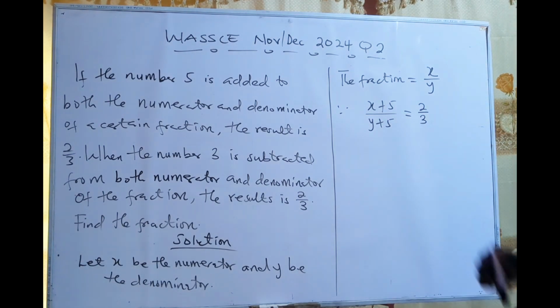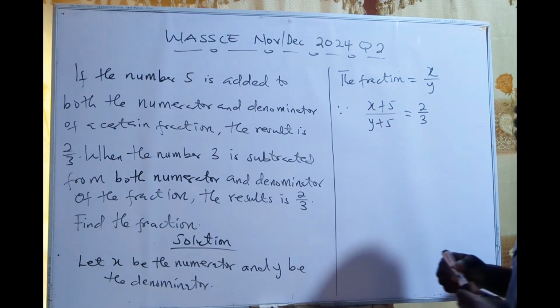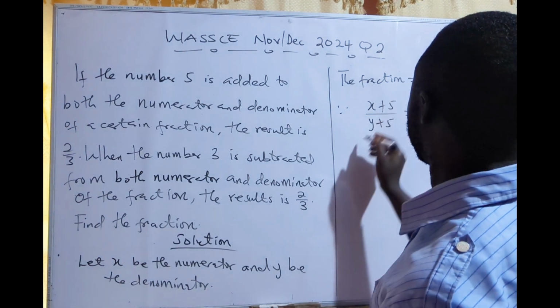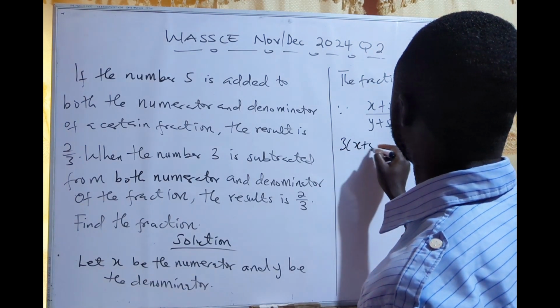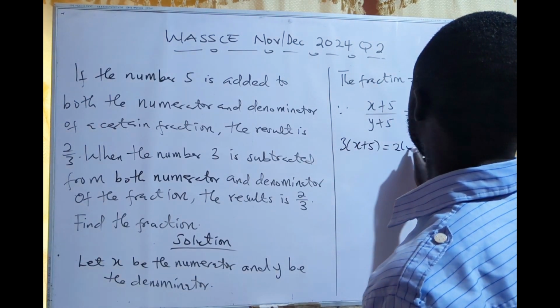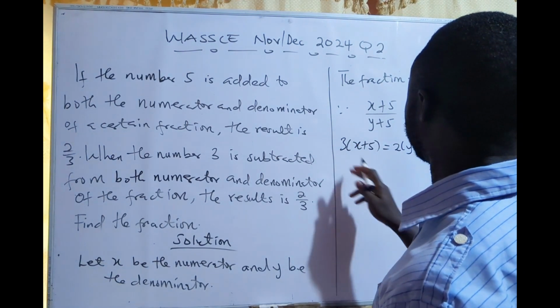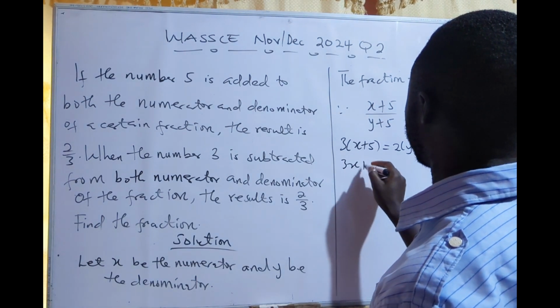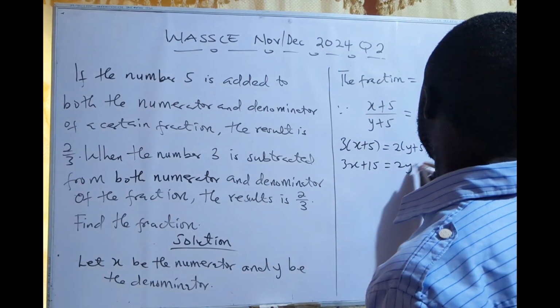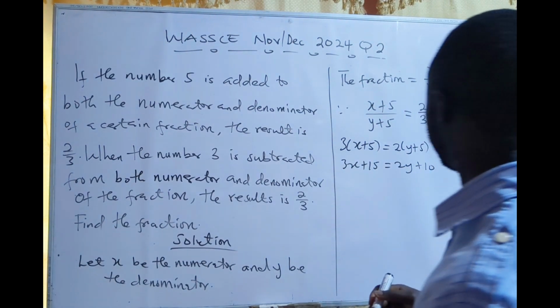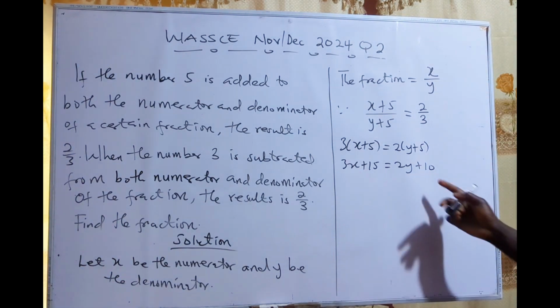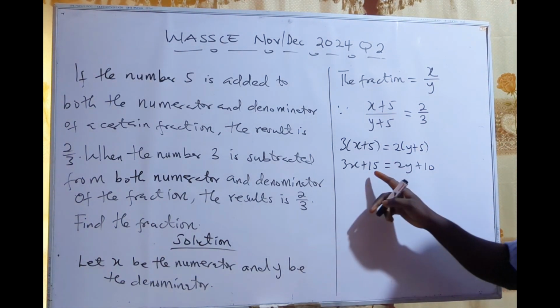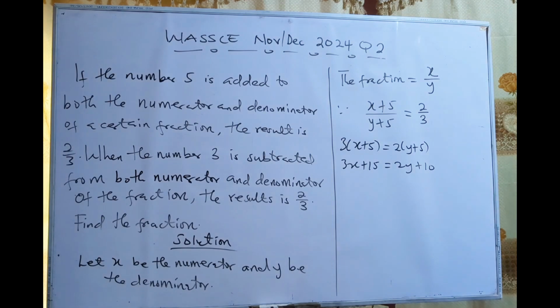So here what we can do is cross and multiply. So 3 will multiply x plus 5, and 2 multiply y plus 5. So let's expand: 3x plus 15 equals 2y plus 10. We bring the variables to one side and take the constants to the other side of the equation.